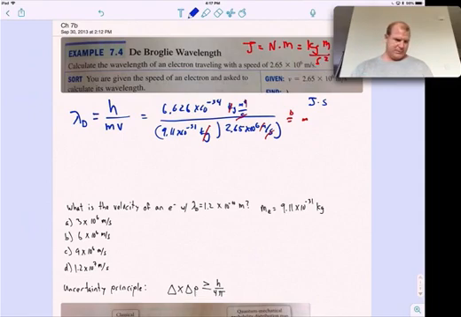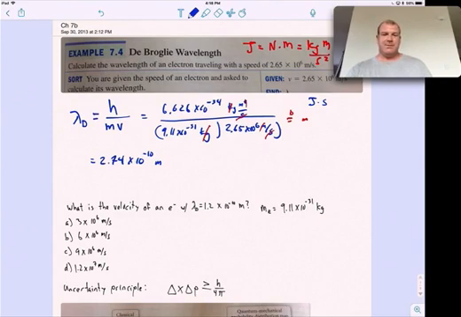And we get 2.74 times 10 to the minus 10 meters. So that is about the size of half a hydrogen atom. A hydrogen atom is about 0.5 times 10 to the minus 10 meters, so that's getting close to an atomic size.